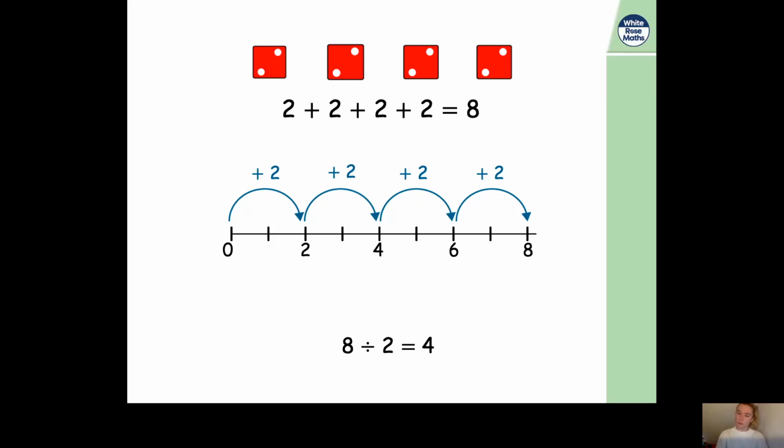And once we put them into groups of 2, there are 4 groups of 2 dots. There are 4 dice with 2 dots on each. So now we have made 8 is made of 4 equal groups of 2.